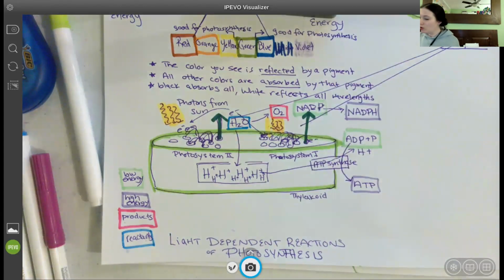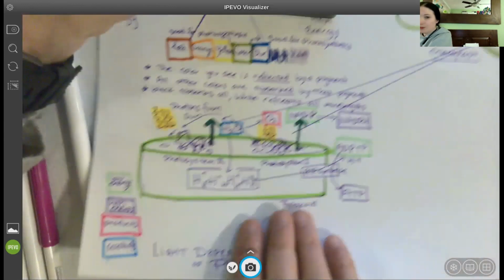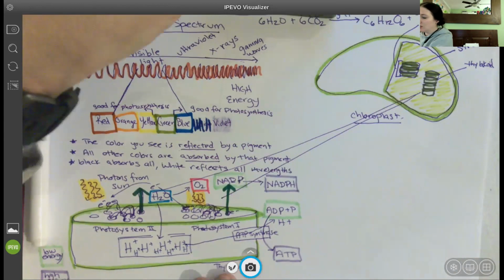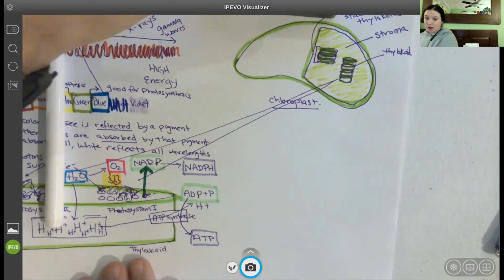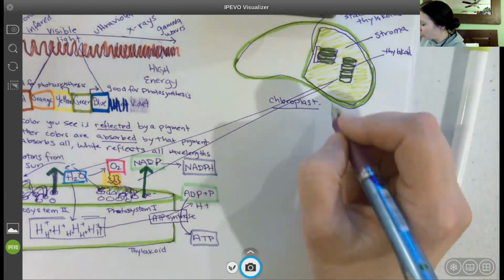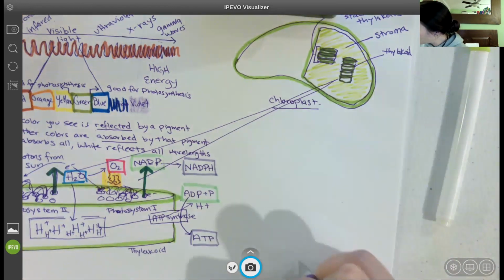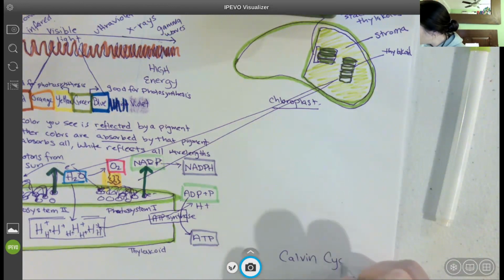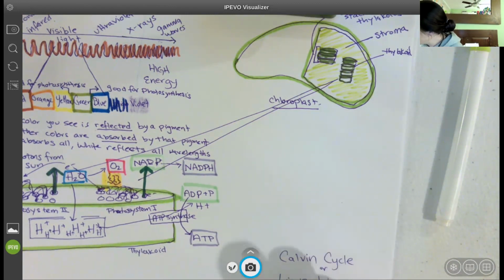Okay, so zooming back out, looking at our chloroplast, those were the light dependent reactions. And our next set is called our Calvin cycle, or the light independent reactions of photosynthesis.